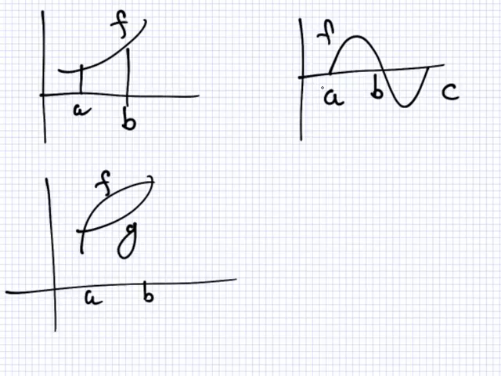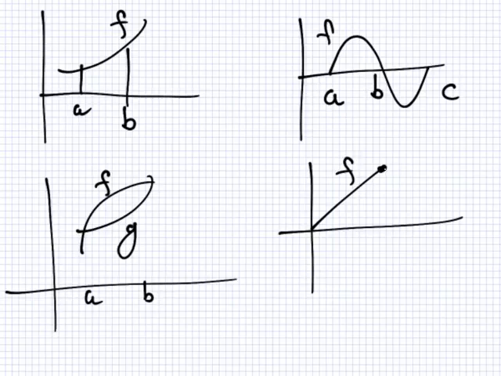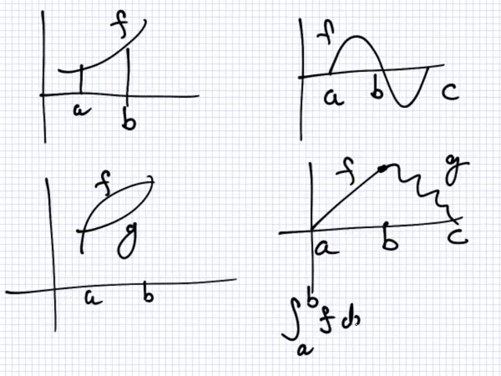And the last situation, which I won't do because it's not really anything different, is when we have 2 different functions like this. Maybe here is an f, and then here is a g, and this is A, this is B, and this is C. So this one here will be the integral from A to B of f plus the integral from B to C of g.